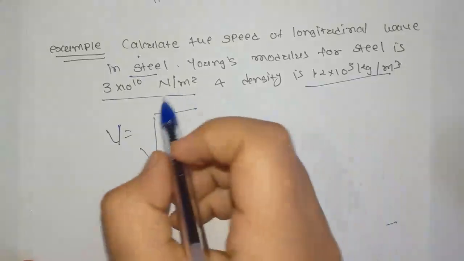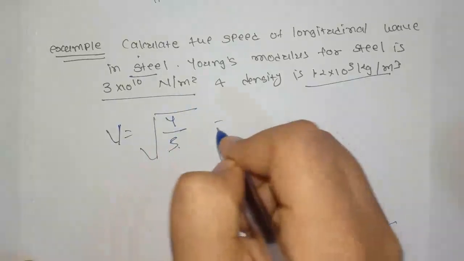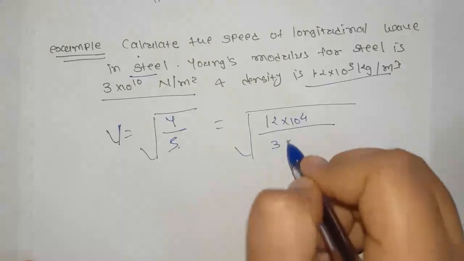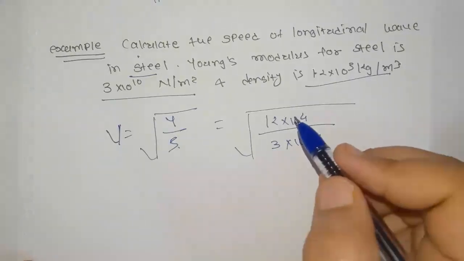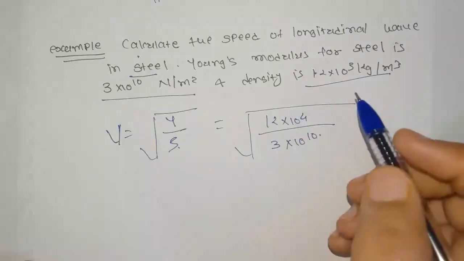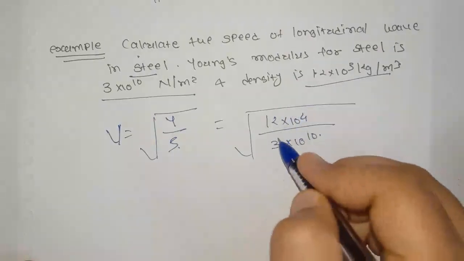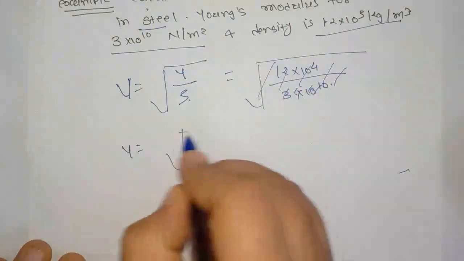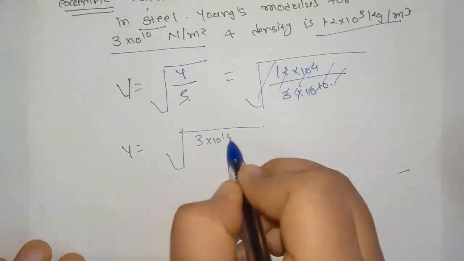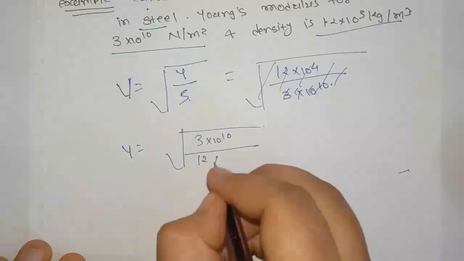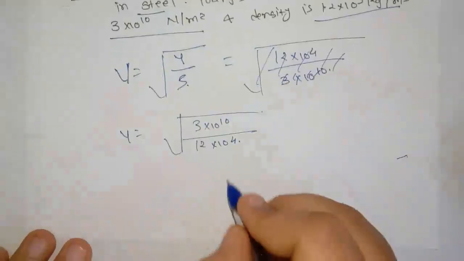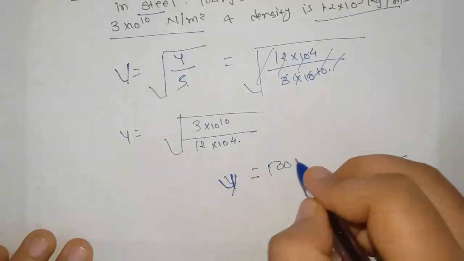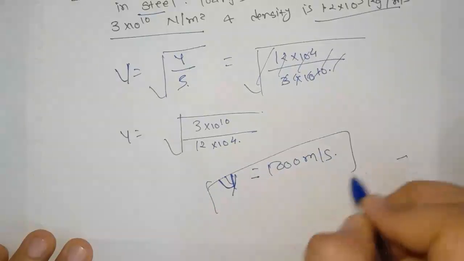The formula of speed of sound is V equals under root Y by rho, that is 3 into 10 power 10 divided by the density 12 into 10 power 4. So the velocity of speed will be 5000 meter per second.